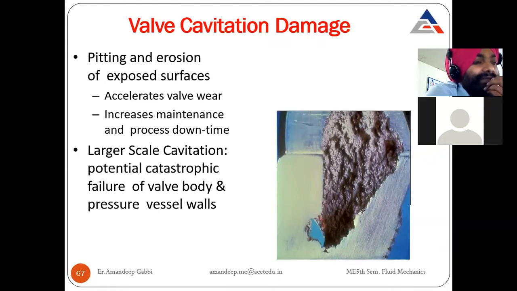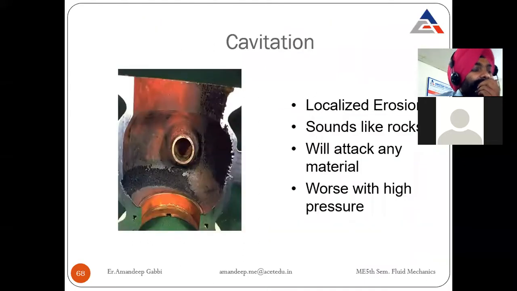So they may damage different parts of hydraulic systems. You can see this has happened because of cavitation. Localized erosion, sounding like rocks, will attack any material. It is worse with high pressure. As pressure increases, the cavitation process becomes worse.